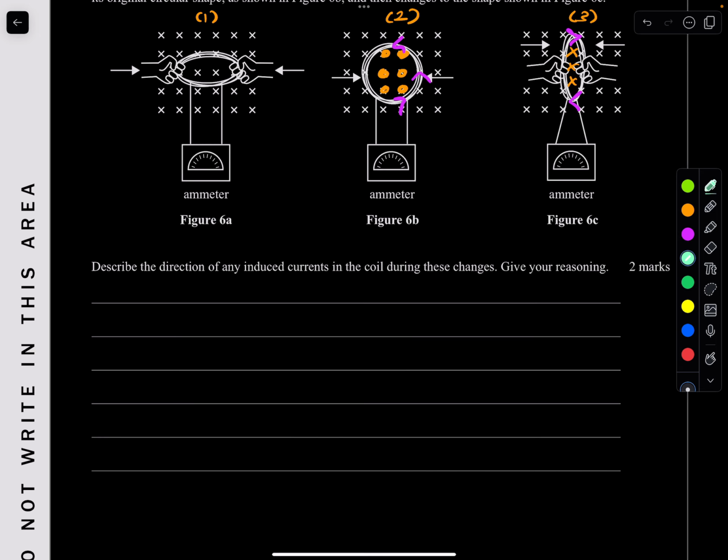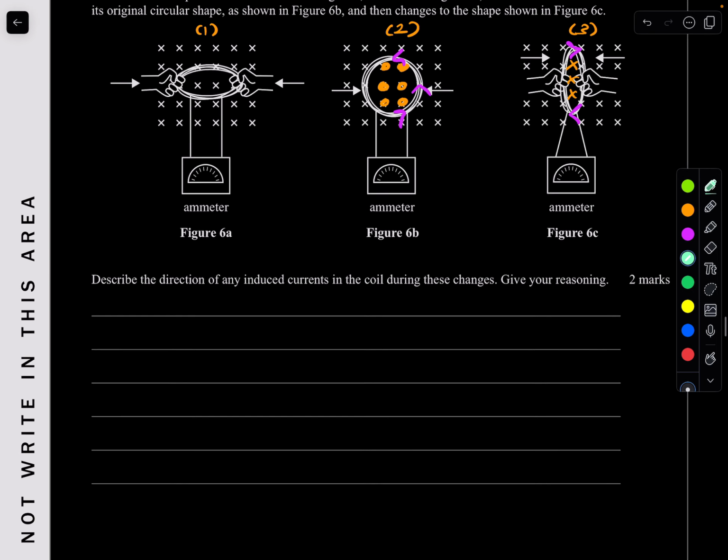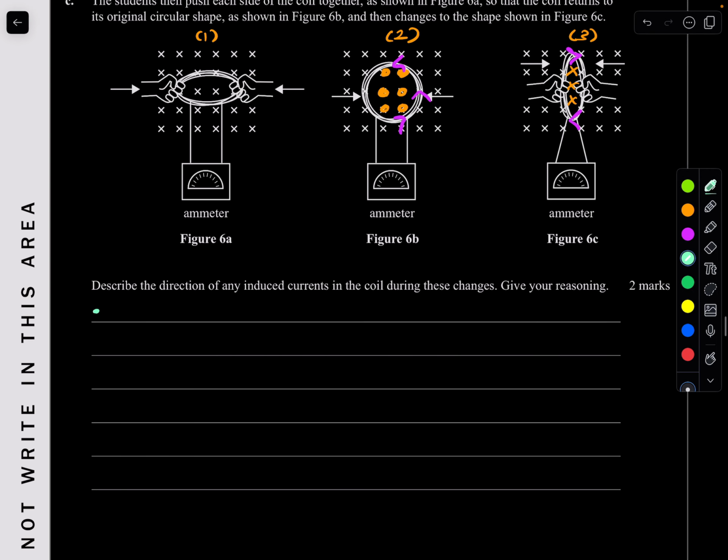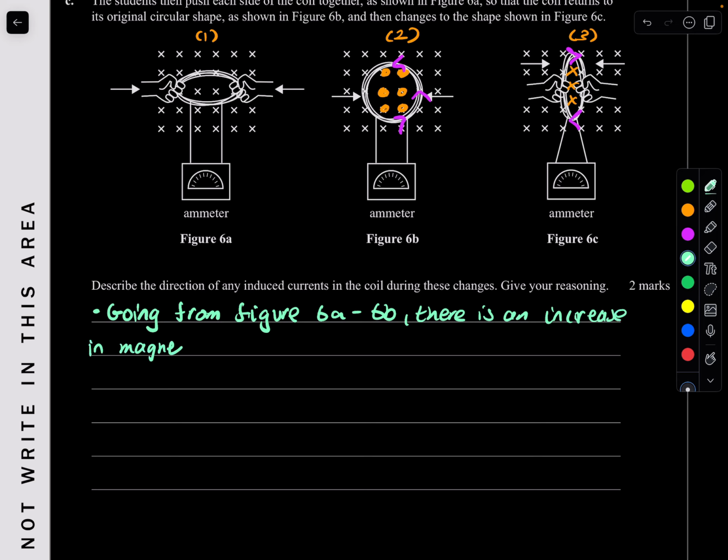We'll just be quick with this one. Going from figure 6A to 6B, there is an increase in magnetic flux.